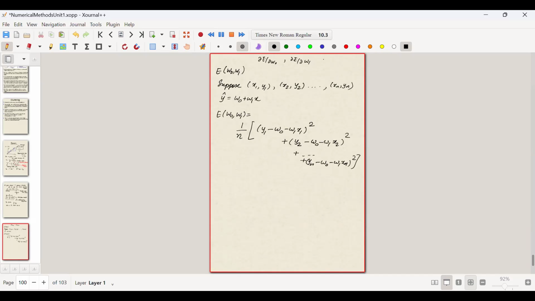Why are we doing this in the first place? Why did we write such a big expression? Our aim now is to minimize E. E can be minimized under two conditions. What are those two conditions?